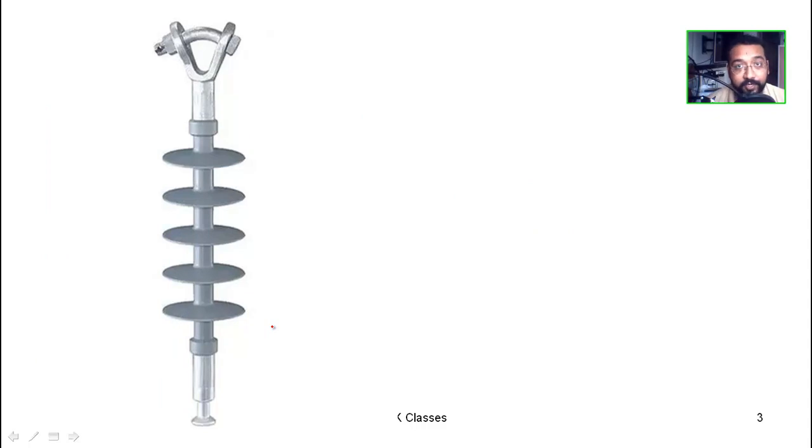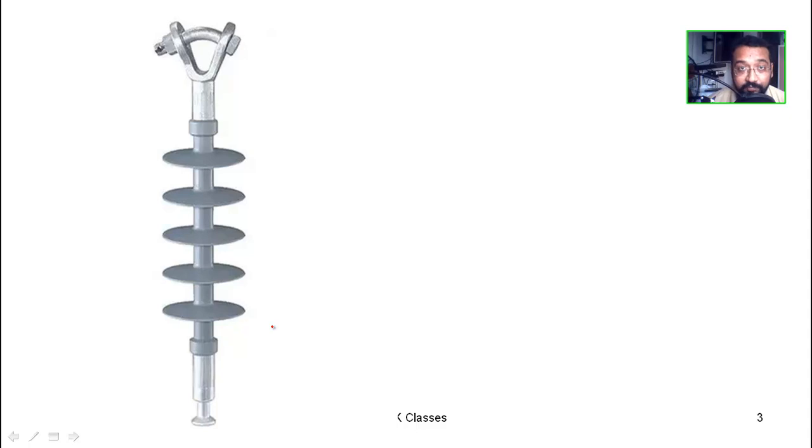The term itself defines its use. Insulator means something that can insulate two objects, something in between the two objects for insulation purposes. Now what is this thing insulating? That is our question.